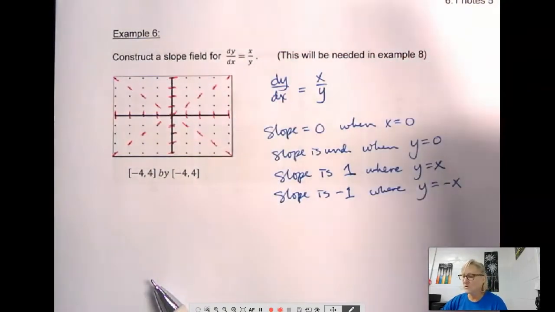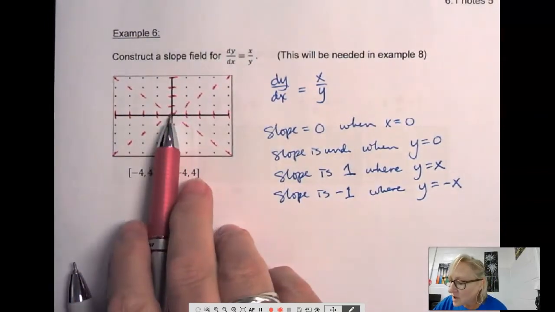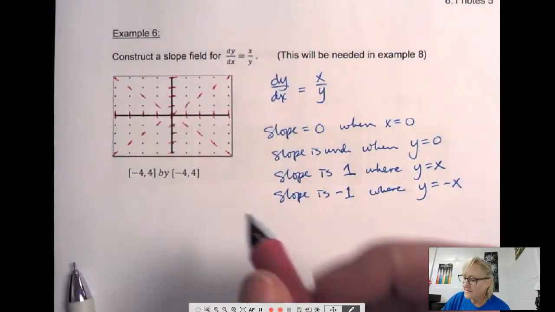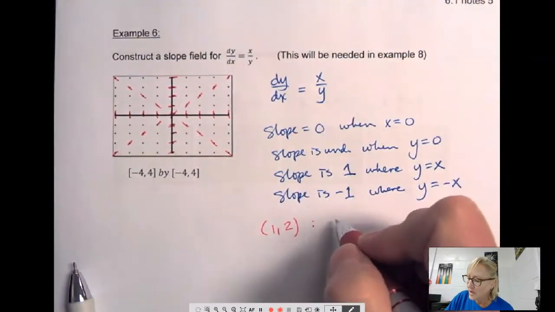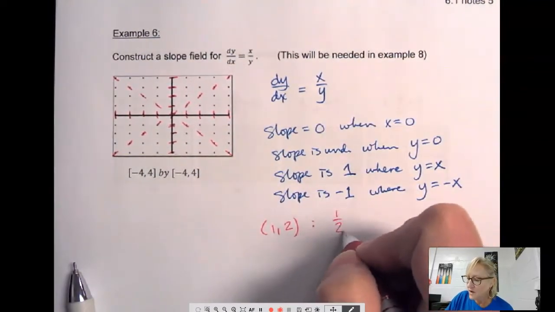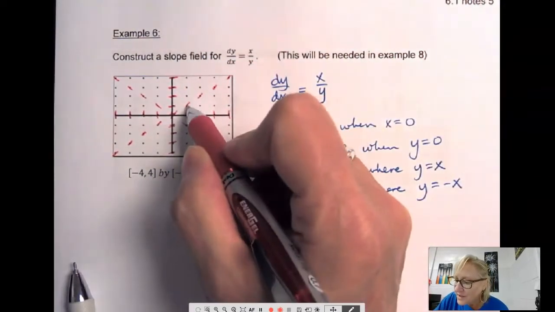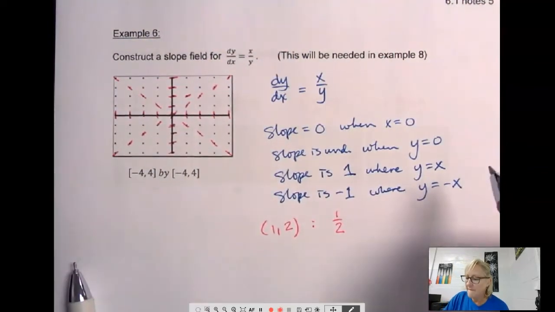So that would be in these two quadrants. So what I would do from here is probably just pick some points. For example, what if I use the point (1, 2)? For (1, 2), I would have a slope of x over y, so a slope of 1/2. So not as steep as this, right? It's going to be less steep.